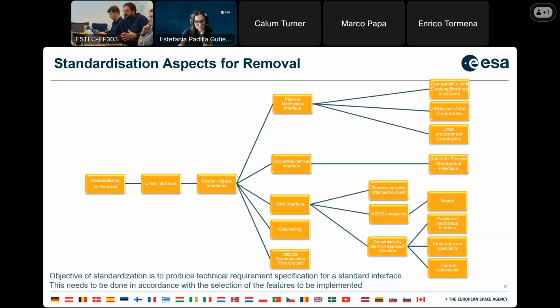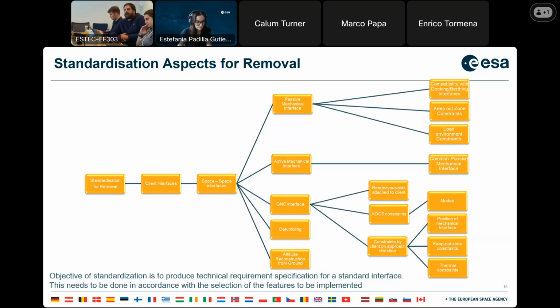And here it is important also to link the different scenarios between the cooperative and the uncooperative scenario. Remaining on the agency interface, the last point would be all the constraints on the approach direction by the client.